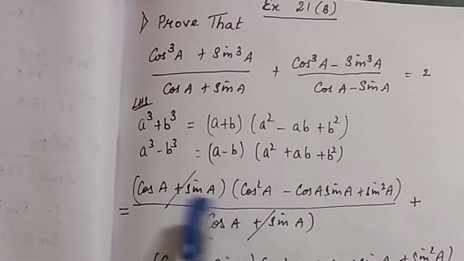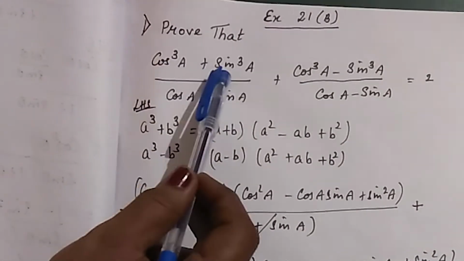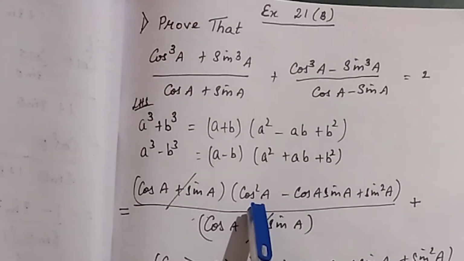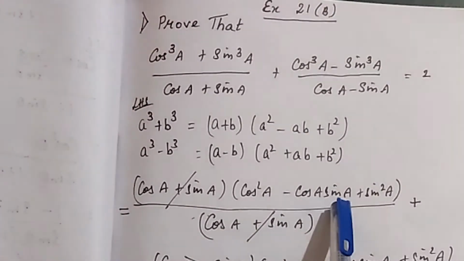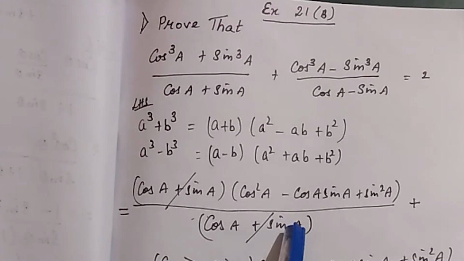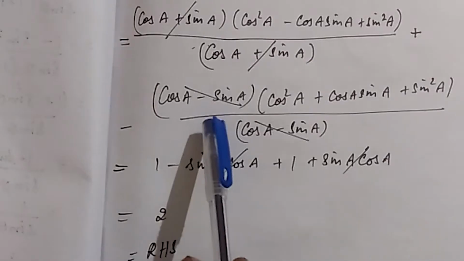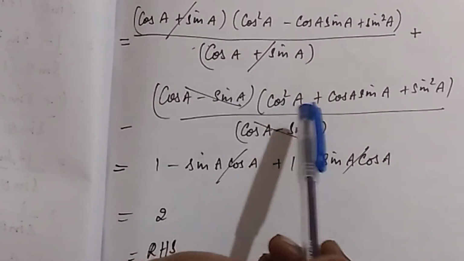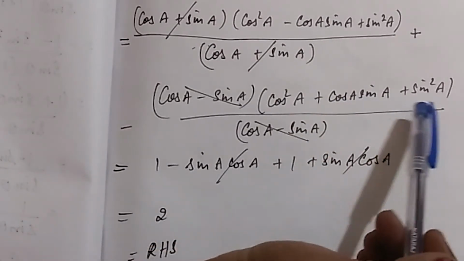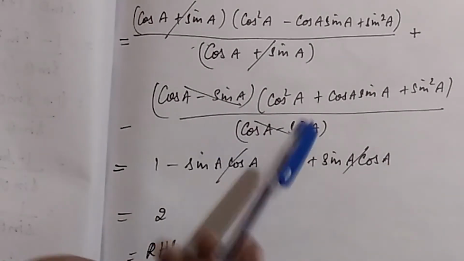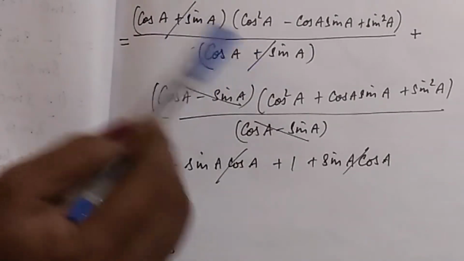Now you will write cos³A + sin³A is equal to (cos A + sin A)(cos²A − cos A sin A + sin²A), upon cos A + sin A. Then plus (cos A − sin A)(cos²A + cos A sin A + sin²A) upon cos A − sin A. Now cos A + sin A gets cancelled.